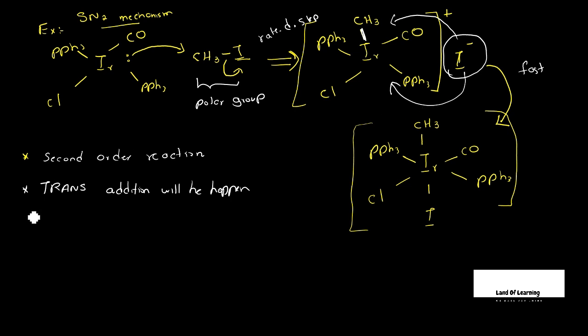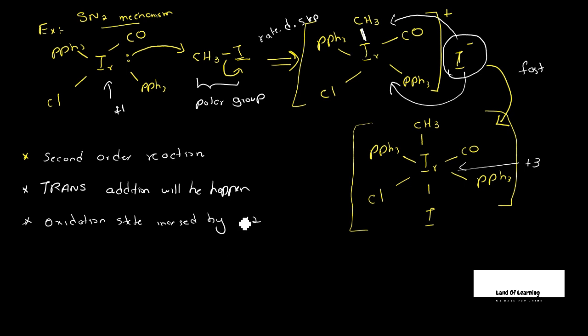Okay, and the same thing here, you can see our iridium has a positive 1 oxidation state. In this case it has positive 3, which means the same rule for oxidative addition reaction applies: the oxidation state increased by 2.